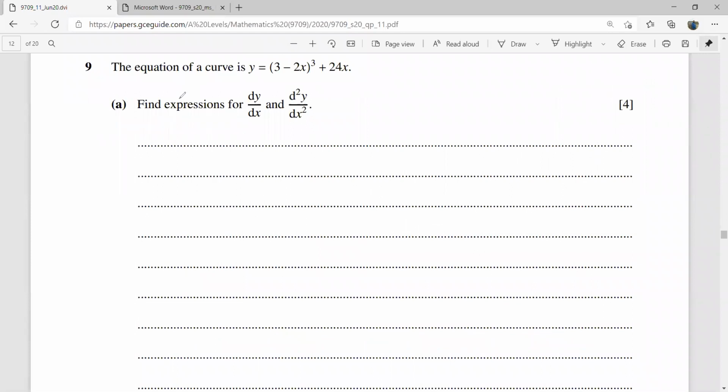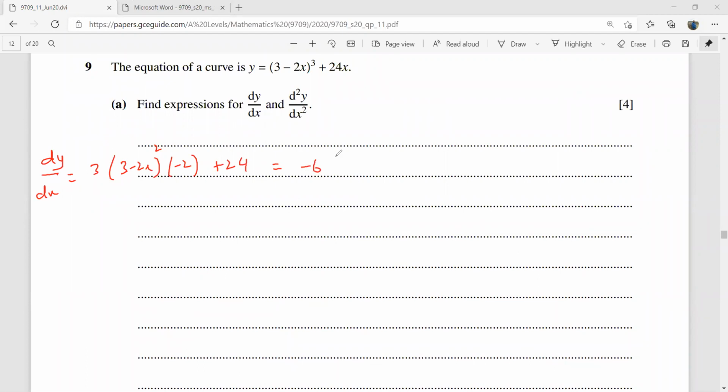It says this is your y, so we need to have dy by dx. Just to save some space, I'm going to do it like this. This is 3 into 3 minus 2x squared into minus 2 plus 24. A little bit of simplification.